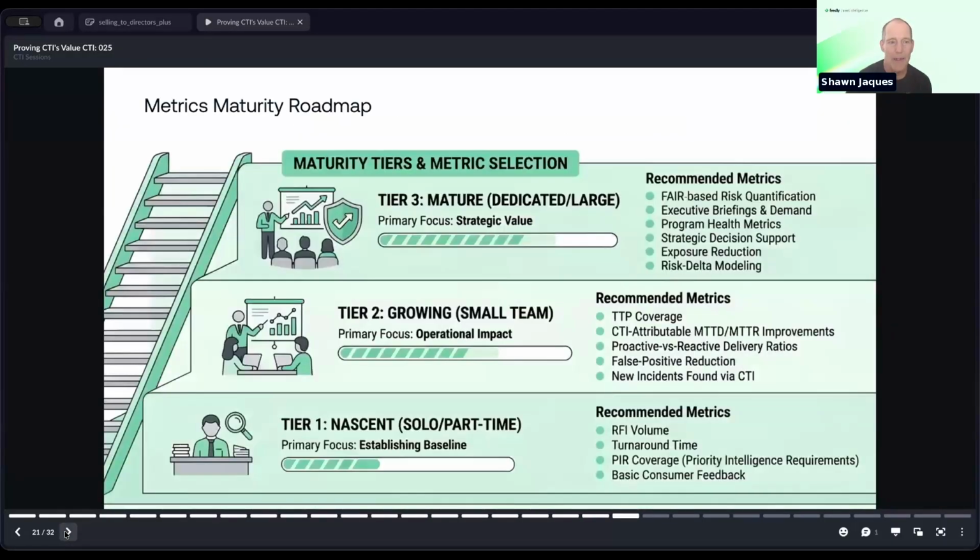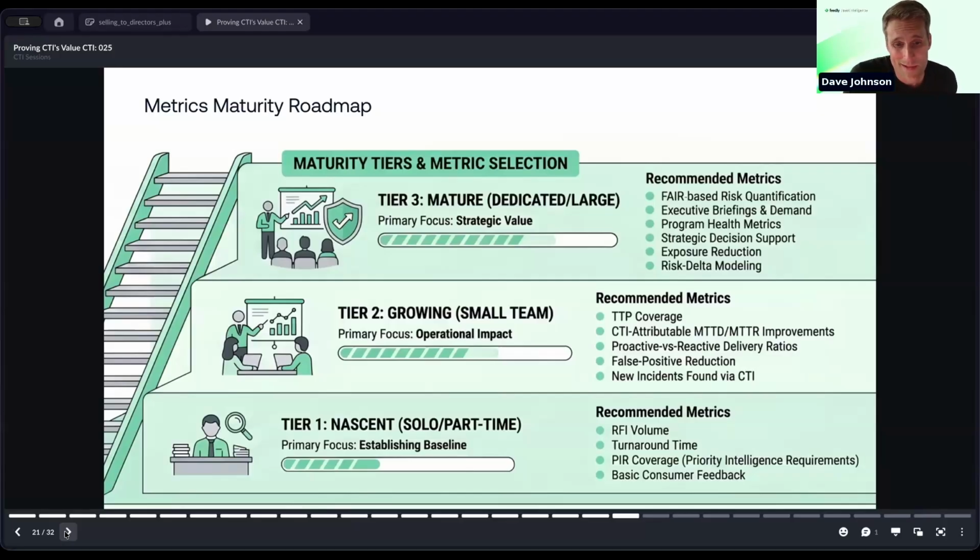Let me skip ahead. John, or Dave, do you want to talk about this one, the maturity roadmap? Yeah, this is definitely not a Dave original drawing, but it goes like what I mentioned before: you don't want to do all metrics for all measures of maturity.